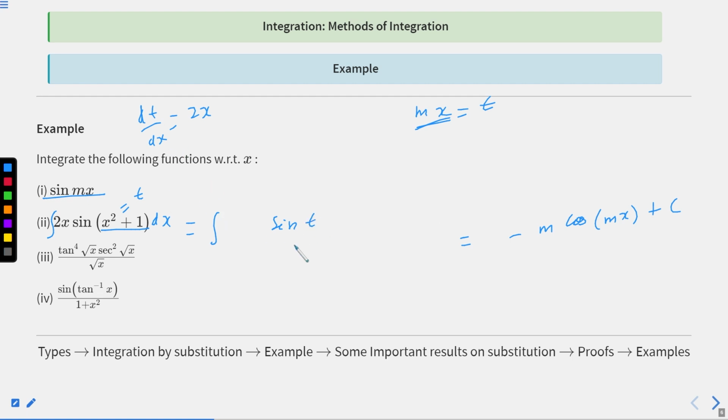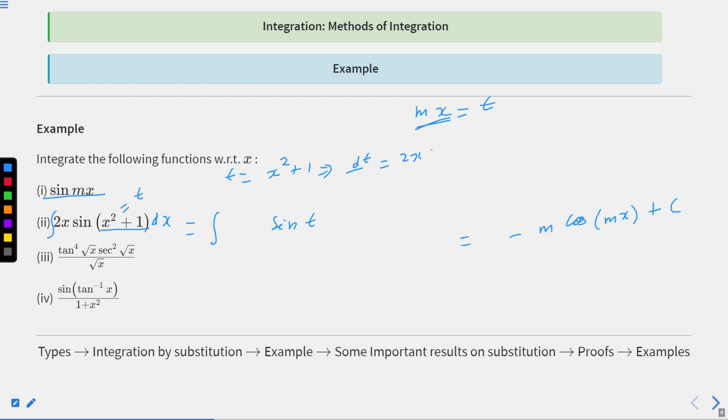This will be sin t. Now, once again, what substitution am I making? t is equal to x square plus 1. Simple. Now differentiate with respect to x. This implies that dt by dx will be 2x, just 2x.